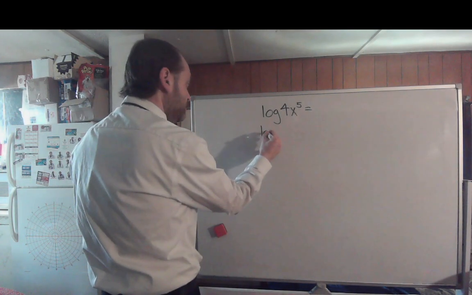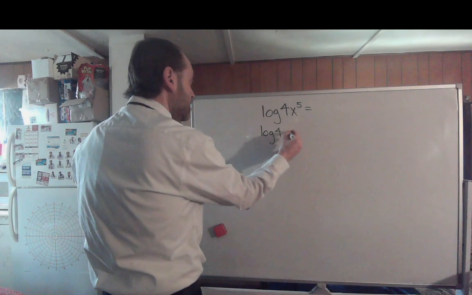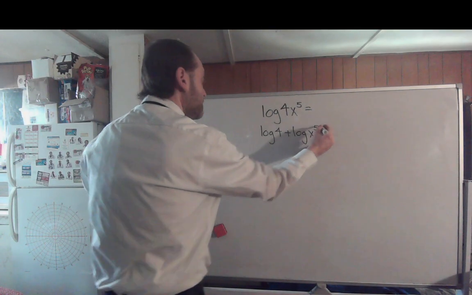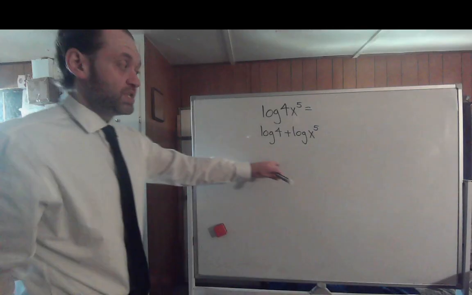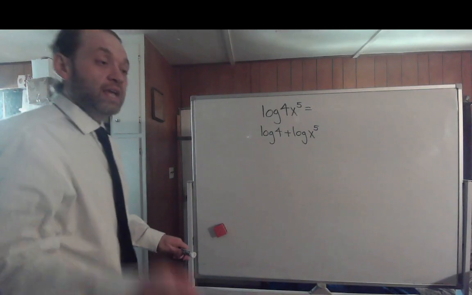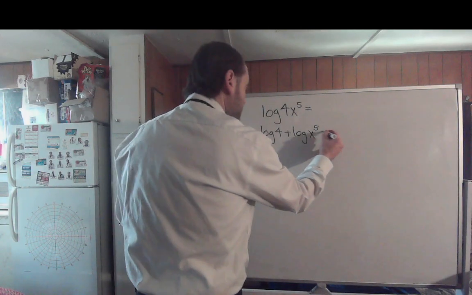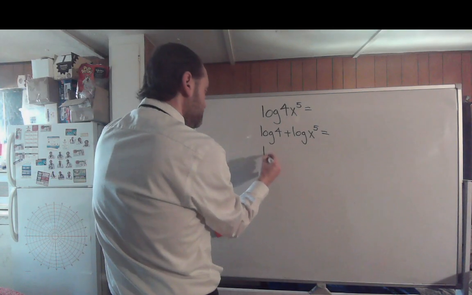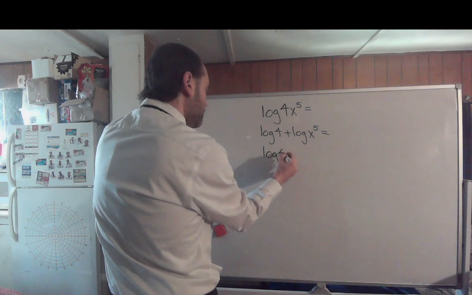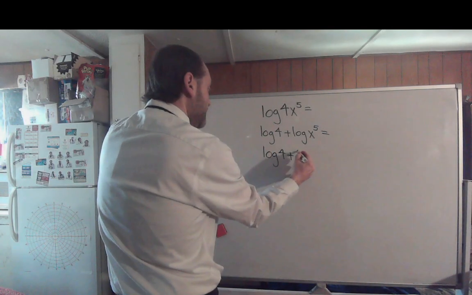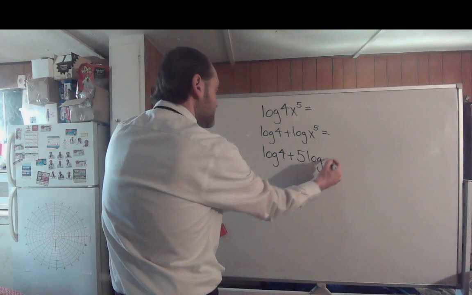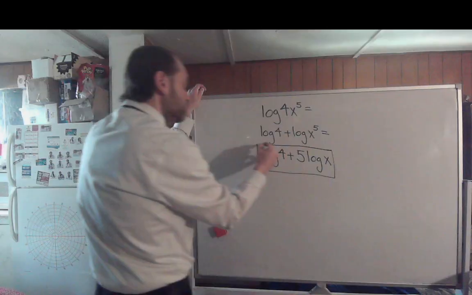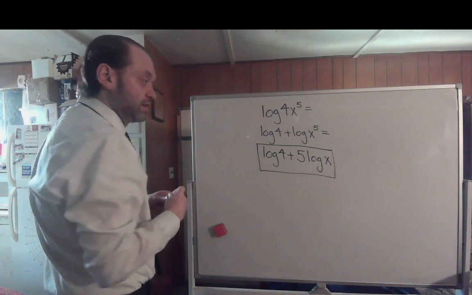This would be the same as log 4 plus log of x to the 5th. Log 4 is done, but that log of x to the 5th, now you have a power property. So you can move that power down front of the log of x. So this would turn into log of 4 plus 5 times log of x. And that's the best you could do. So this would turn into log of 4 plus 5 log of x.